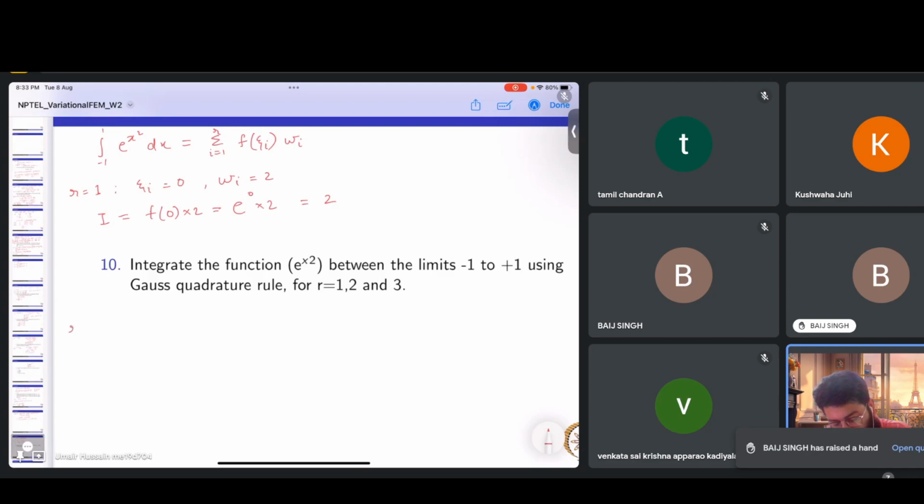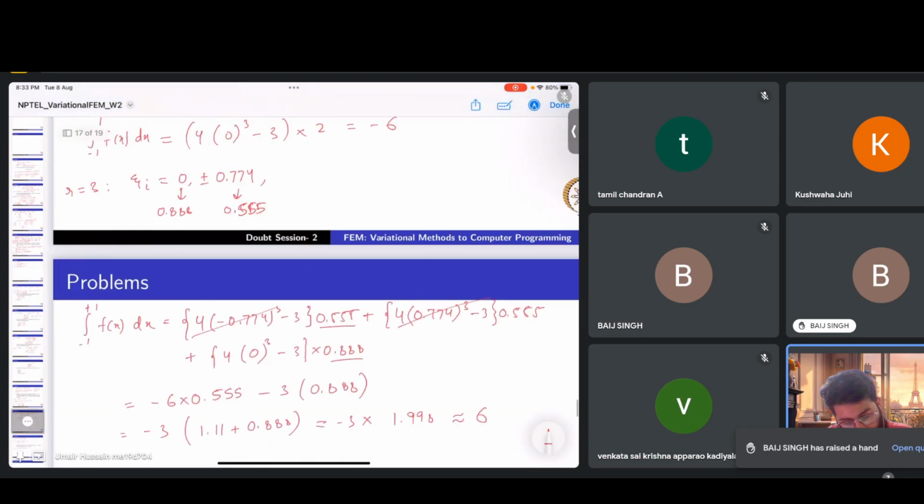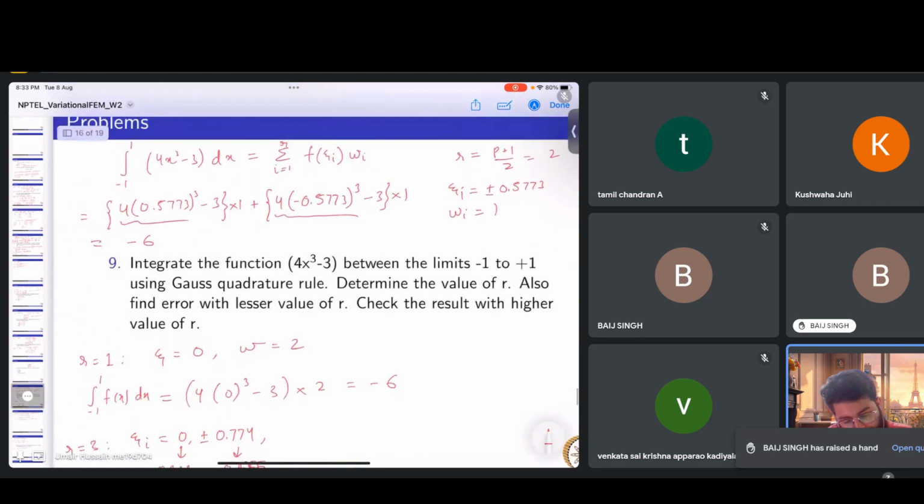Now we try with r equals to 2. Zeta i equals to plus minus 0.5773 and wi is 1 each. I hope this is right. 0.5773, right?